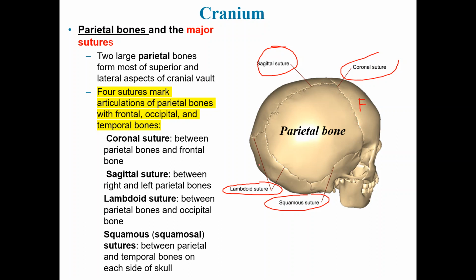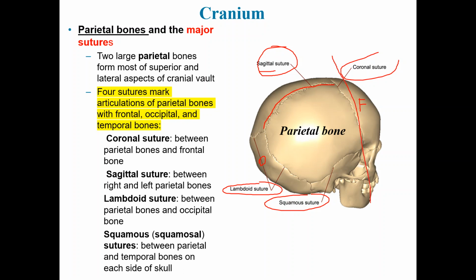This is the occipital bone, of course. The sagittal suture is the suture between the right and left parietal bone. And it's called sagittal because right in the middle, you can put a sagittal plane through it, right?